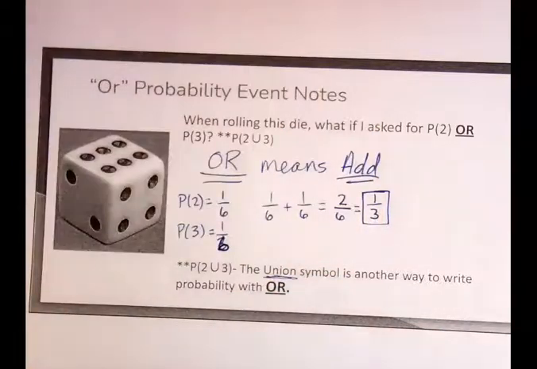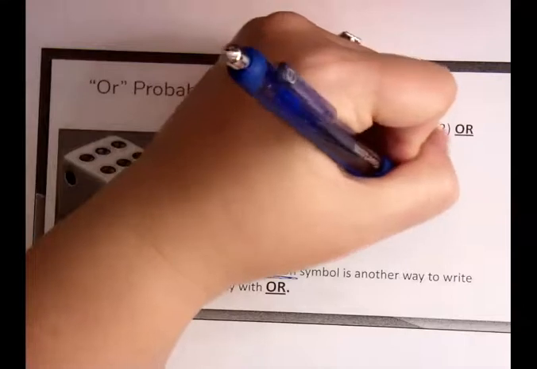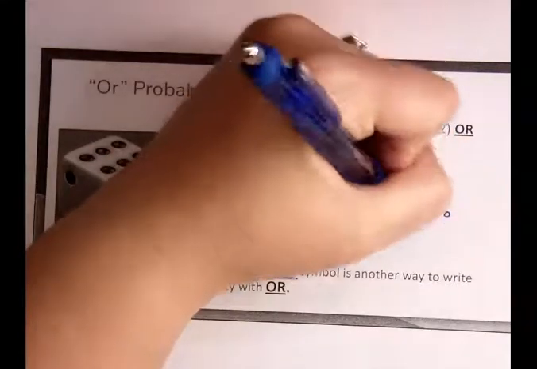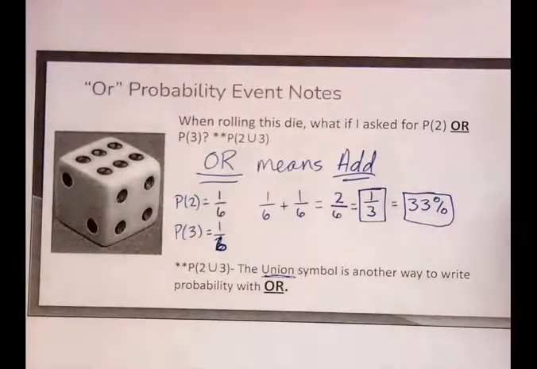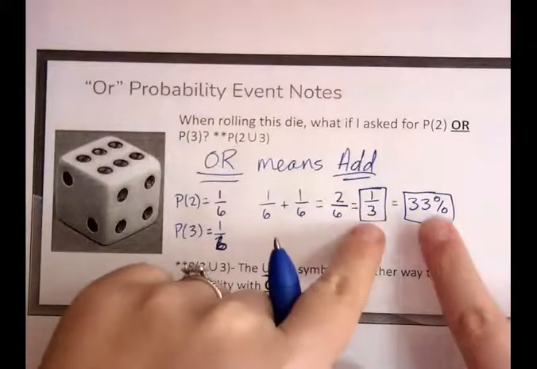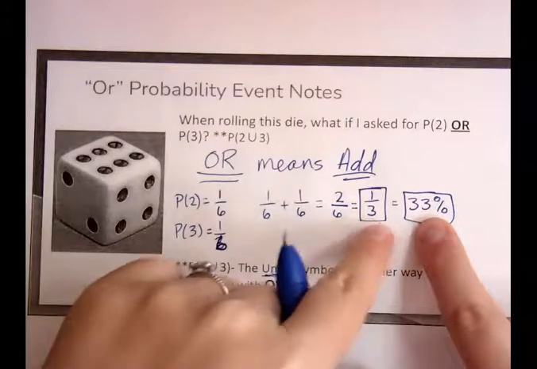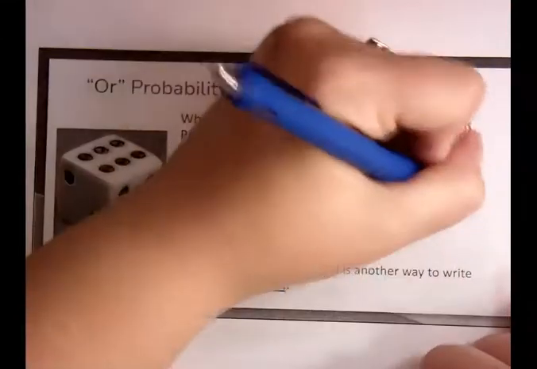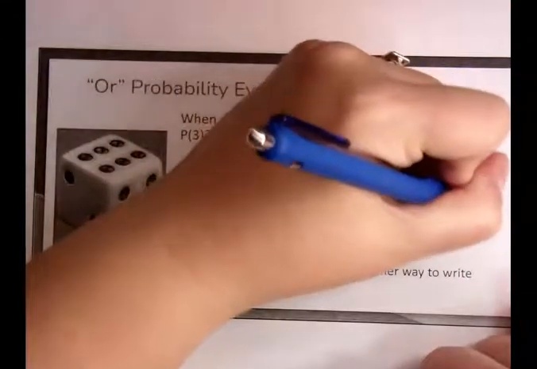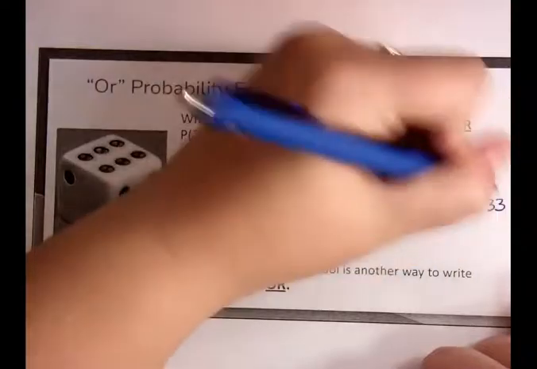So that is the probability of rolling either a 2 or a 3. You have a 1 in 3 chance of rolling that, and percentage-wise, that would be a 33% chance. So I'm going to answer all of them in percentage or fraction. It can also be decimal form, 0.33.